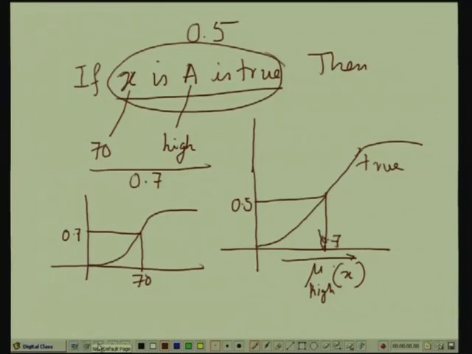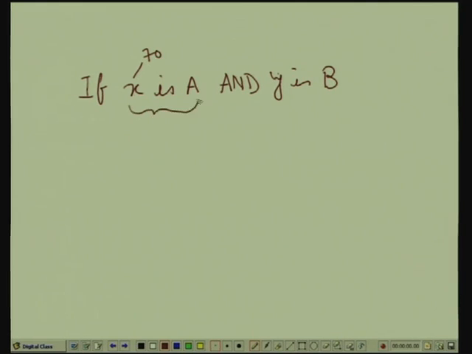Now, again we can have some rules like if x is A and, just a conjunction, y is B. If the temperature is high and the pressure is low, and as in the earlier case it was 70 and this was high. So, this was evaluated with 0.7 and this was some value, say pressure 56 psi, and in the set low pressure that somehow evaluated with 0.8.